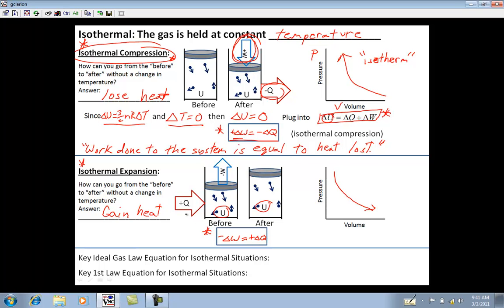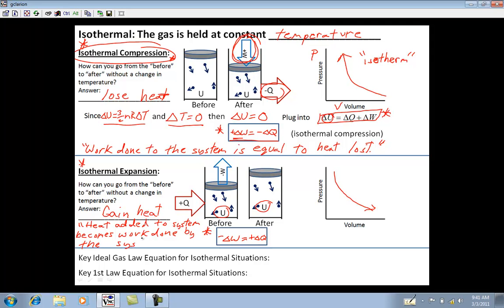But we've got to add the heat first, right? So let's say that the heat added to the system, because generally speaking, you add the heat and then see how much work gets done, becomes work done by the system.